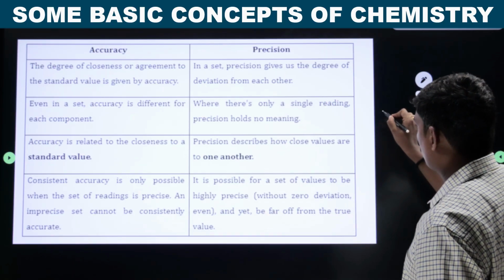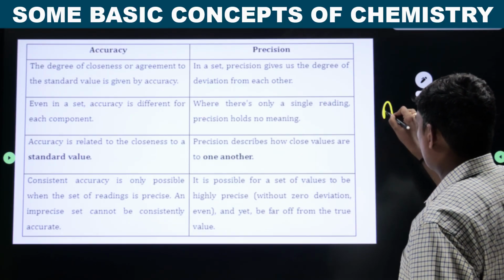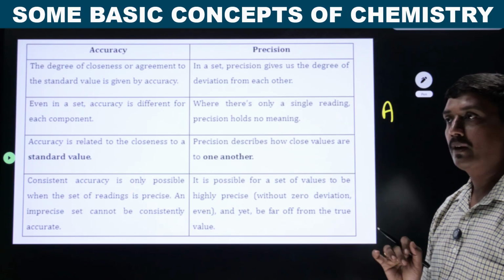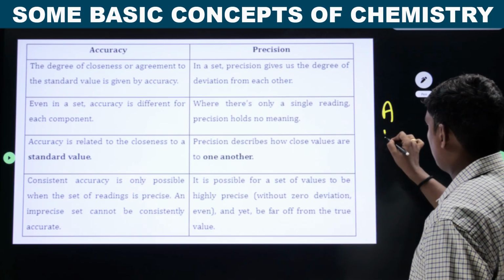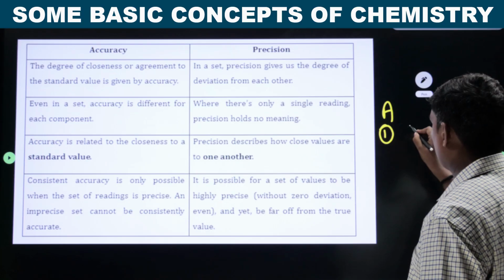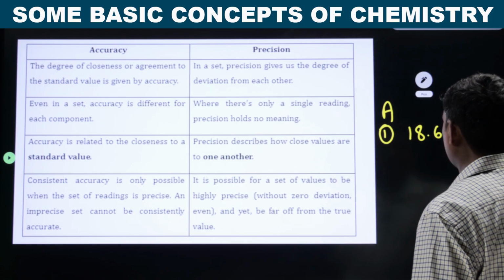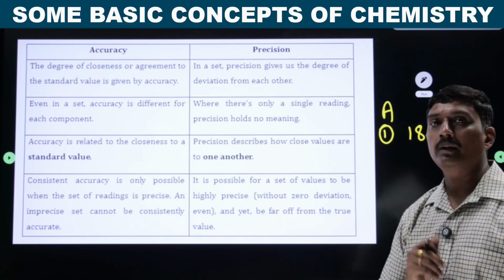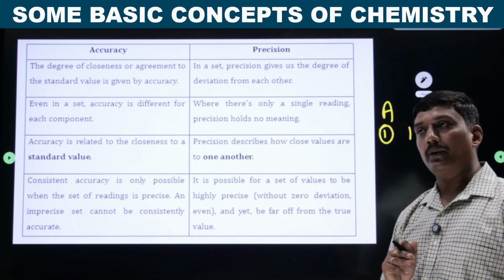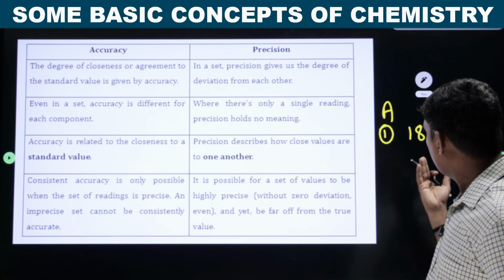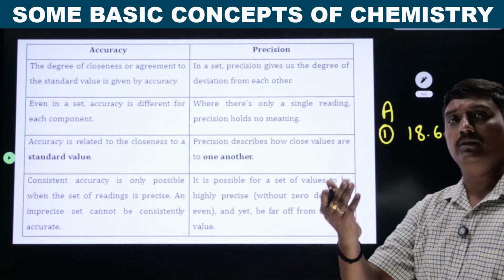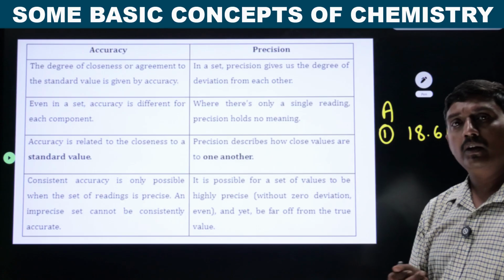See, a person or a student A performs an experiment. In trial 1, he got the value 18.6 ml, milliliter. Even you don't know whether the answer is correct or not.